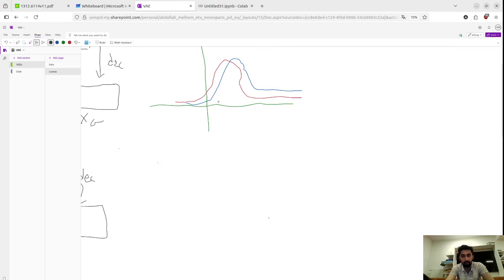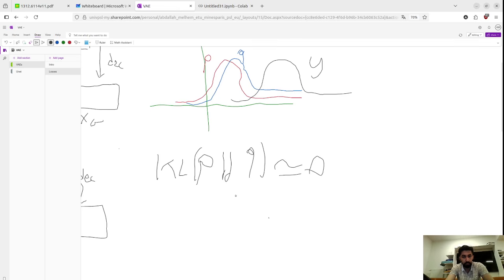However, if they're too far away, let me draw in a different color, let's say in black. Let's call the first one P, the blue one Q, and the black one Y. P and Q would have a KL divergence close to 0 because they're really close to each other in mean and standard deviation.